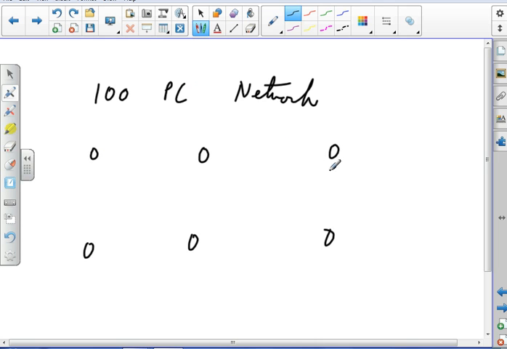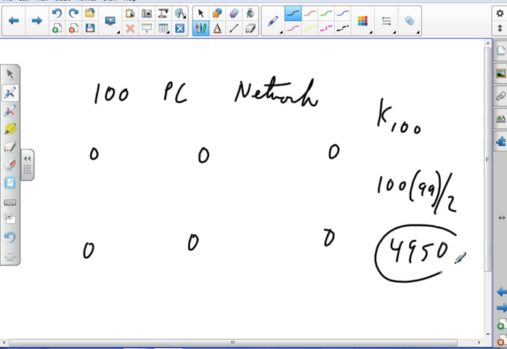So the number of communication channels I have on that network would be, I'd have a perfect graph, K100: 100 times 99 divided by 2. That's 4,950 possible communication paths on my network, all trying to communicate at the same time.